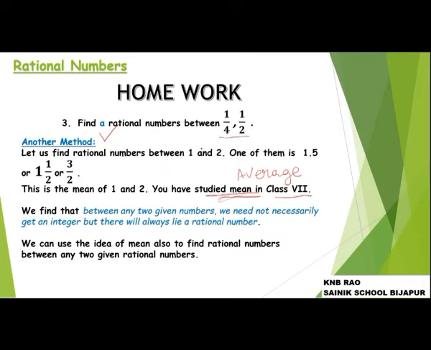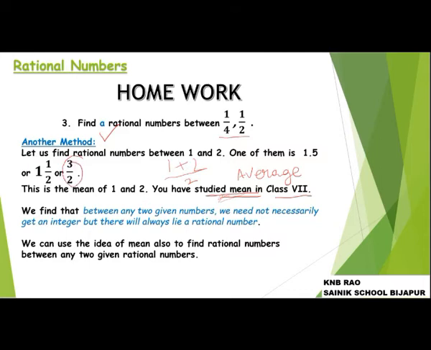You know, the mean of 1 and 2 is 1.5, which can also be written as 1 and 1/2 or 3/2. You know how to find it also: 1 added to 2 upon the number of numbers, 2. This is how we get 3/2.